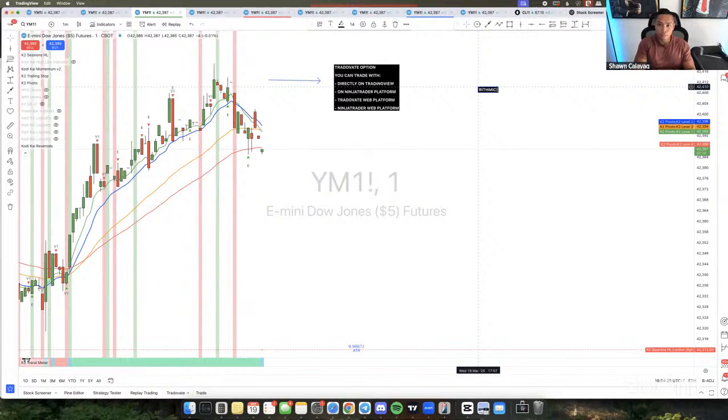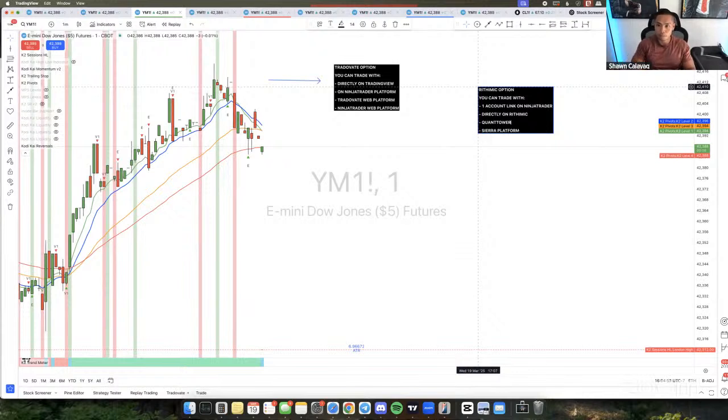Let's see, the Rhythmic option. You can trade with one account link on NinjaTrader, directly on Rhythmic, or Quant Tower, or the Sierra platform.